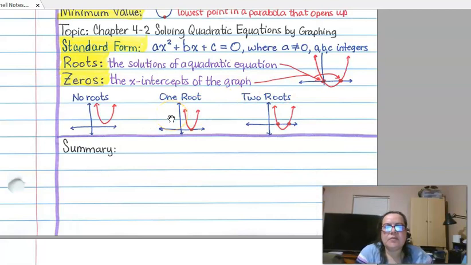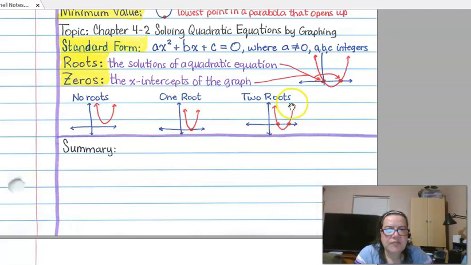Now, there are several situations where you could have a quadratic function, so a parabola, that has no roots. So a parabola with no roots is a parabola that is up here somewhere. It's never touching or crossing through the x-axis. So in that particular case, you would say that there are no roots. If it touches once, let's say the vertex is right on the x, then we consider that having one root, or 1, 0.